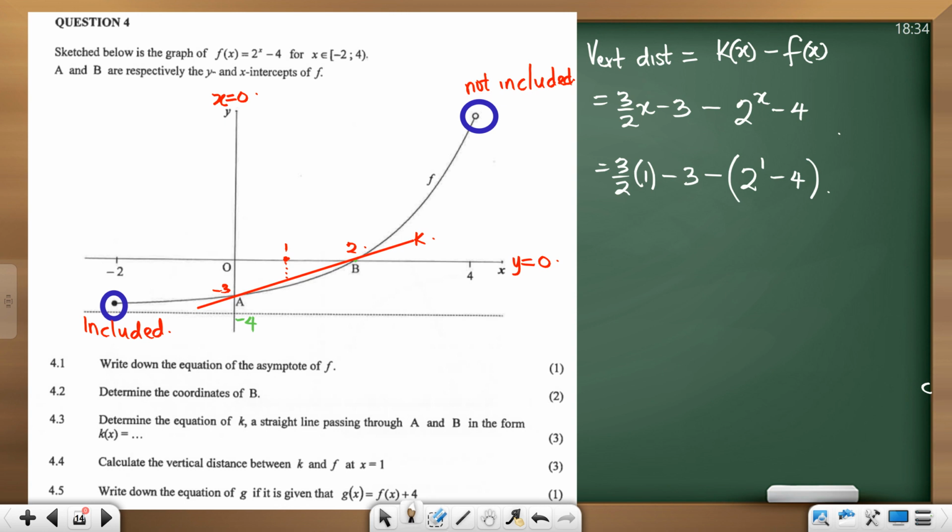I know you might not have gotten this right, but now you know. 3 over 2 minus 3 would give us minus 3 over 2, minus... half. We agree? Please confirm.